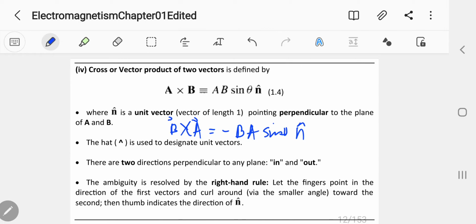So the direction will be AB sine theta negative N hat. The direction is opposite.